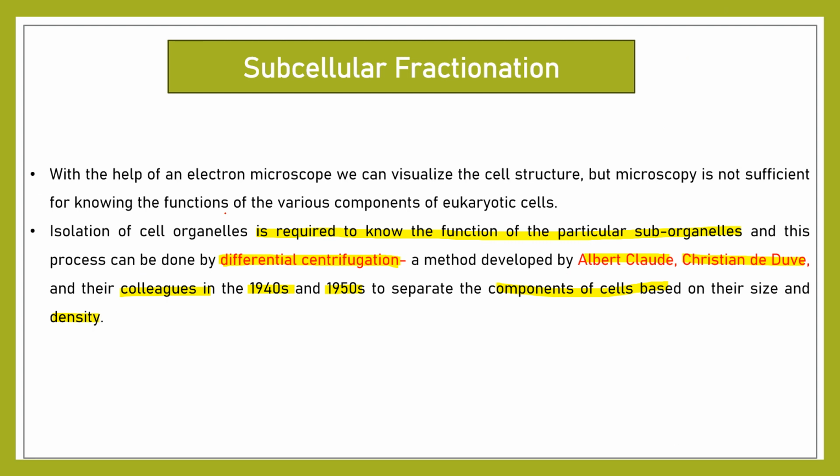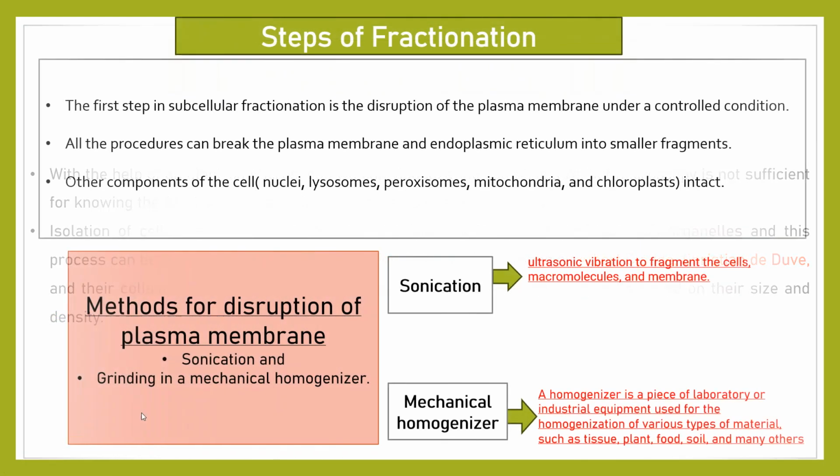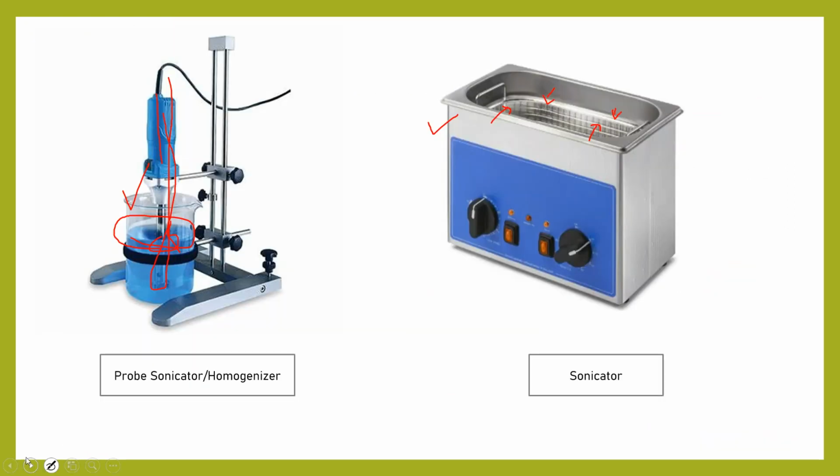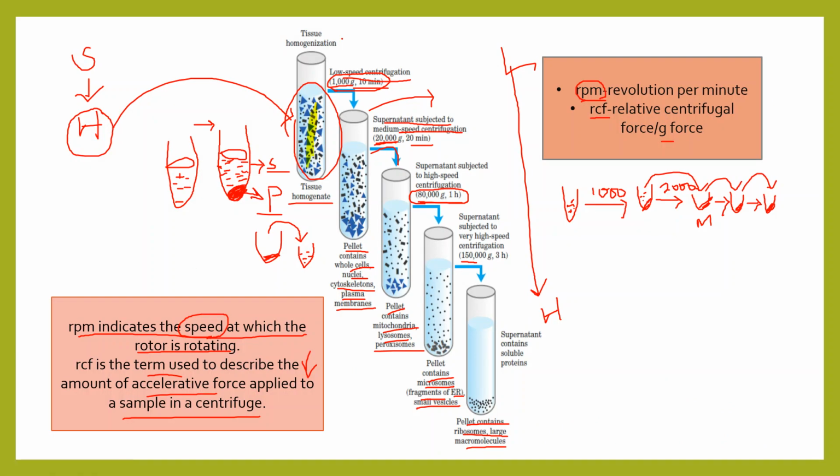You will get some questions from this, like the differential centrifugation method, who developed this technique, and questions about sonication and the mechanical homogenizer. Here is an important one for NET and GATE: the pellet contains nucleus, cytoskeleton, plasma membrane.